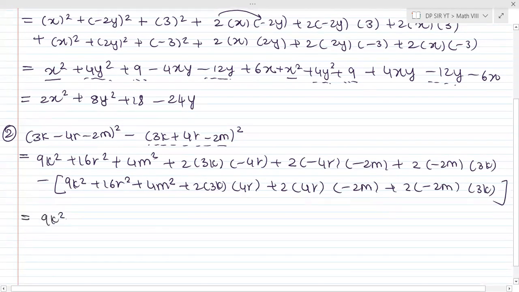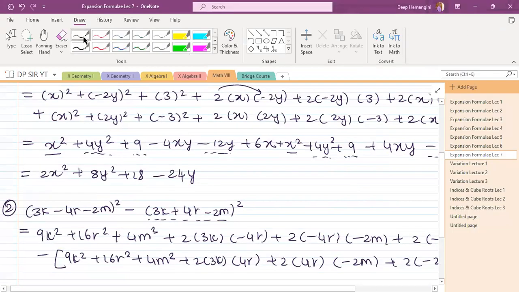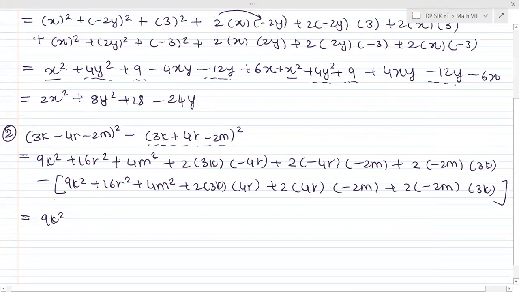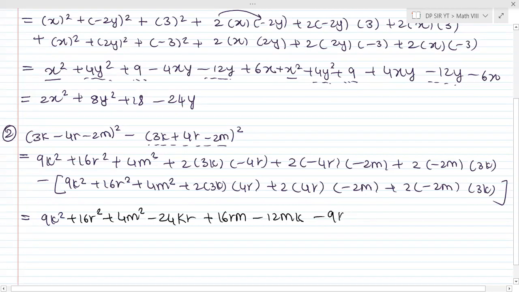So here it's going to be 9k square plus 16r square plus 4m square minus 24kr plus 16rm minus 12mk, minus 9k square minus 16r square minus 4m square minus 24kr plus 16rm plus 12mk.